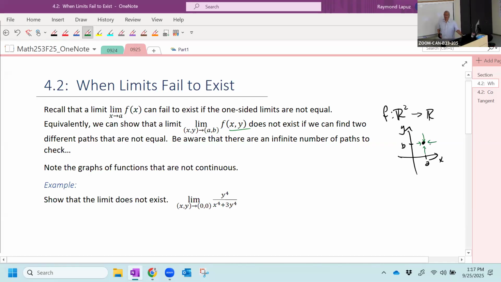Are there more paths? Yes. Could be going in a diagonal way, or not even necessarily the regular diagonal, but any sort of linear path going there. Are there more paths?